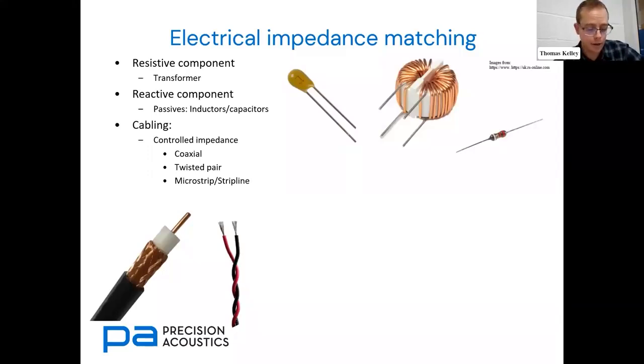To that end, you can perform electrical impedance matching using passive components, inductors or capacitors, to correct for any reactance in the transducer, or you could use transformers to adjust the resistance in addition to any passive components.